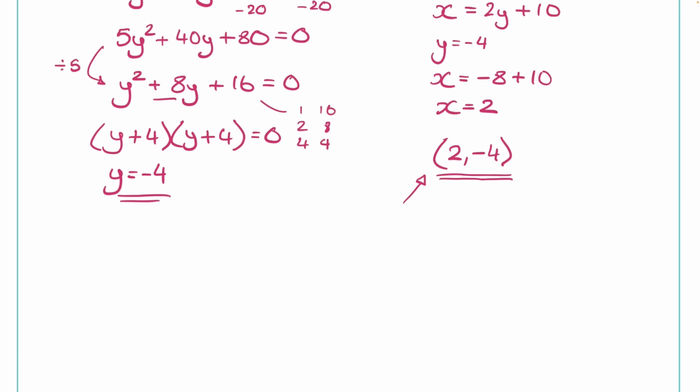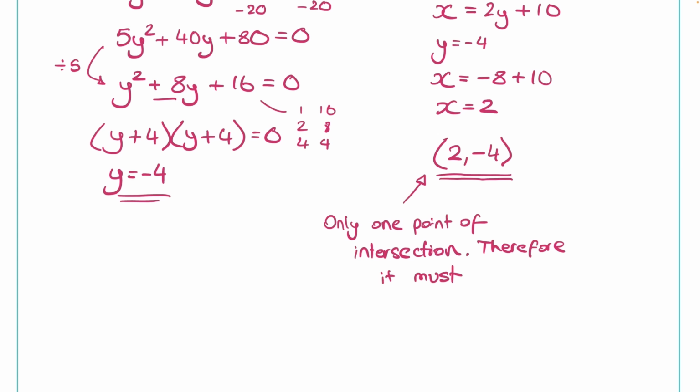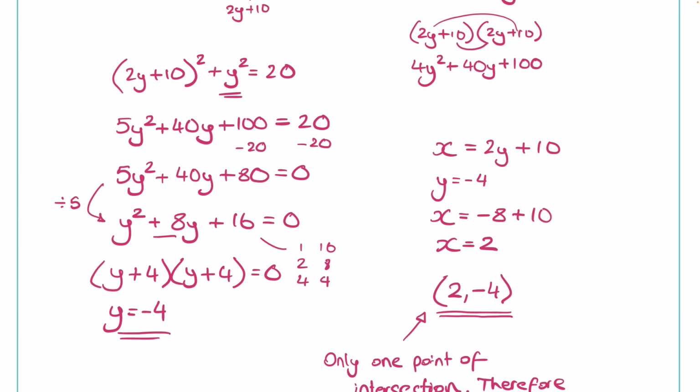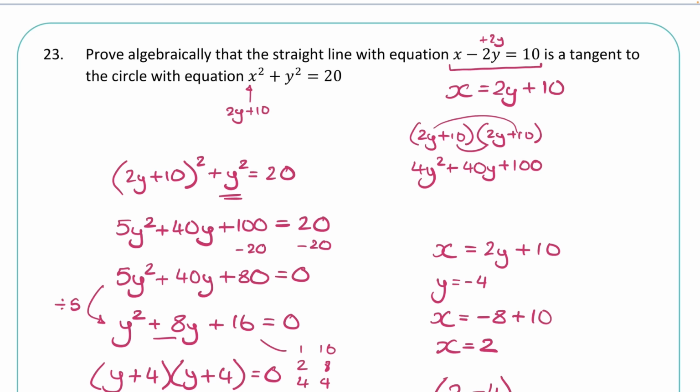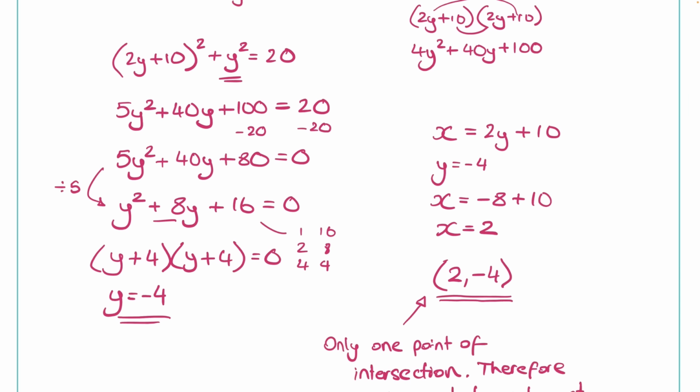Well, I would probably put here we only have one point of intersection, and therefore it must be a tangent. And there we go. That there adds just that extra level of proof that shows that you know what you're talking about. So there we go, only one point of intersection, therefore it must be a tangent, and we used quadratic simultaneous equations in order to figure that out.